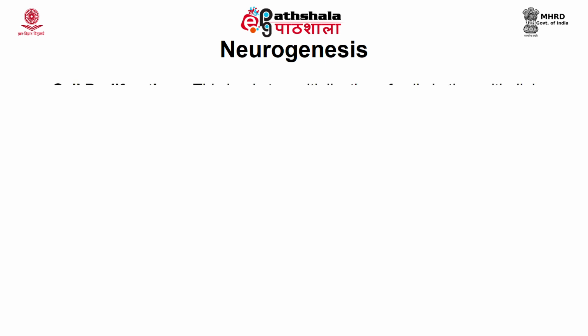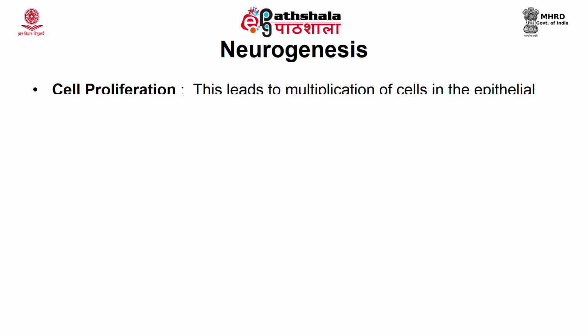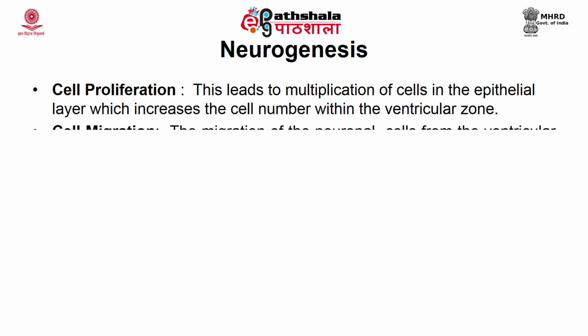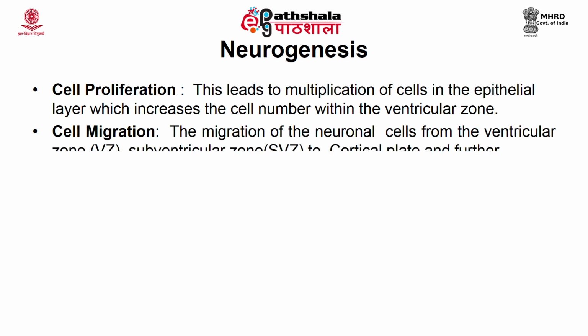The cell proliferation leads to multiplication of cells in the epithelial layer, which increases the cell number within the ventricular zone. Cell migration is the migration of neuronal cells from the ventricular zone to the subventricular zone to the cortical plate and further. That means, they move towards the new cortex.